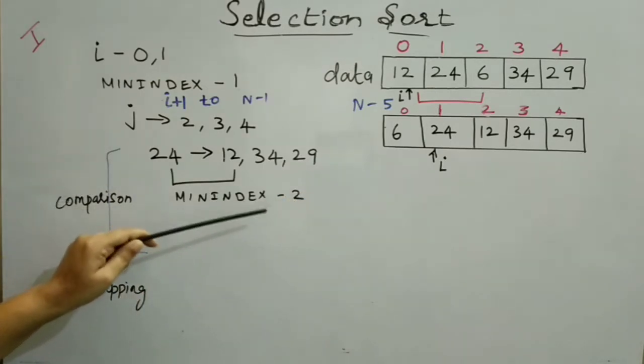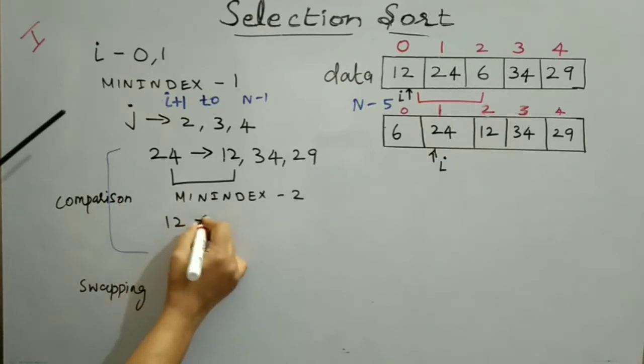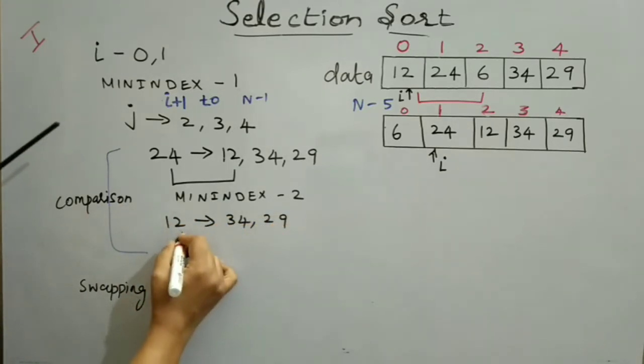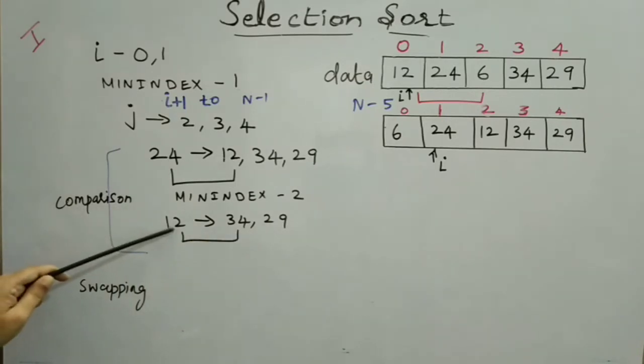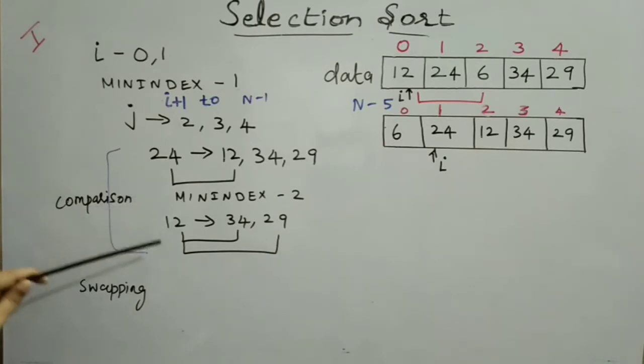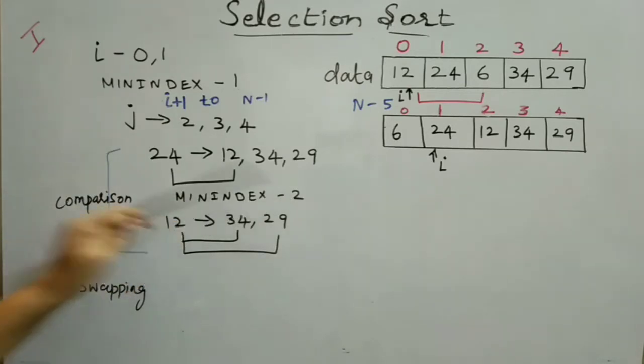Now the element in the minimum index position 2, that is 12, is compared with the subsequent elements 34 and 29. In the first comparison, of course 12 is the minimum value. In the second comparison, 12 is the minimum value. If the minimum value is in the minimum index position, then no need to update the minimum index. Once the comparison is over, now minimum index is 2.